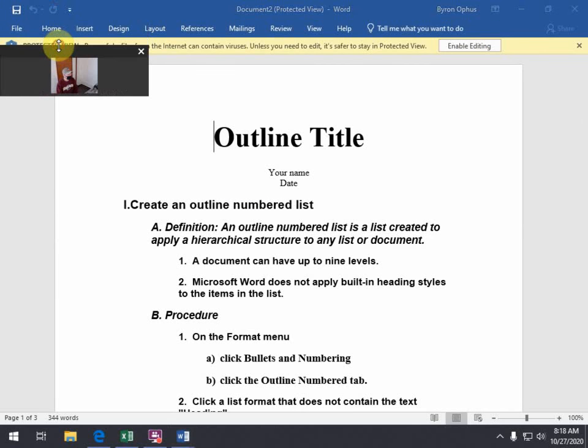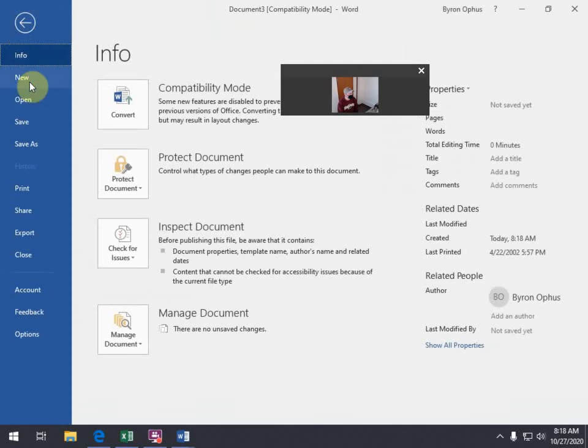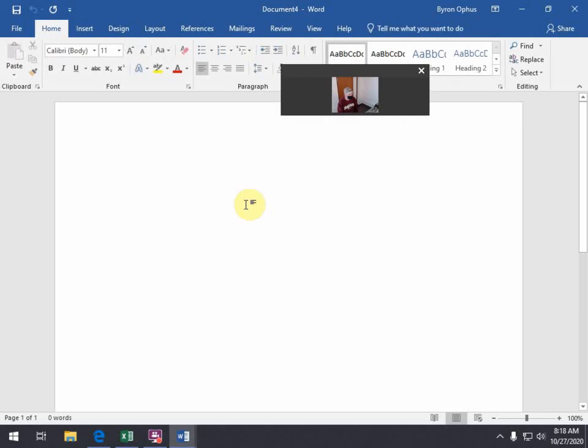You can also start with a new document like this, put your title up here if you want to, and come down. If you type I period, it automatically assumes you're doing an outline and starts doing that for you. You type stuff, hit return, it's there, but if you hit tab, that takes you into a little A. It'll automatically do an outline format for you.